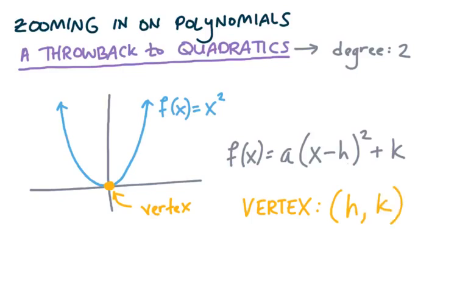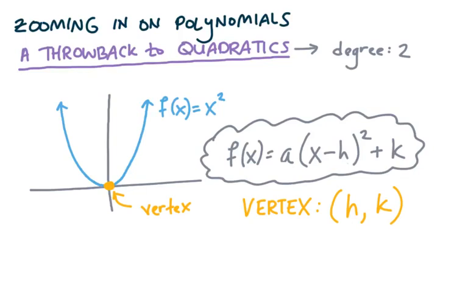So if it's given in this handy form here, we can pick off the vertex values just from that form, which again is really, really neat. So what I'm going to do is give an example where it's not given in this handy form, which means we're going to have to do some algebra to get it in that form. Once we have it in that form, we'll just state the vertex and that'll be about all there is to it. So probably something you've done before, just if anything, a little refresher before we dive into higher degree polynomials.